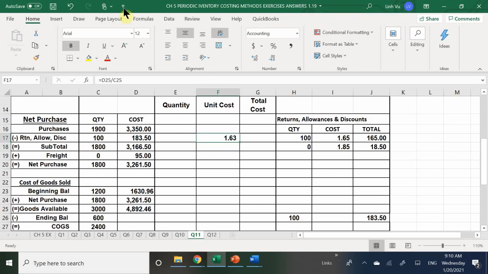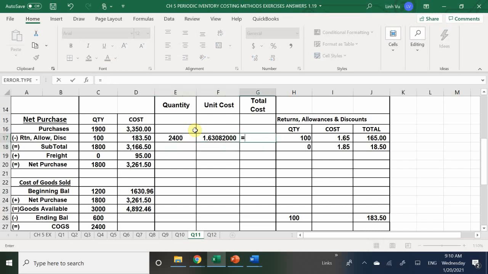1.63082. I'm going to pull it out so you guys know. 1.6308 32. Okay, and then it goes even out after that. We know we sold a total of 2,400 items. So if it's going to cost me $1.63 and 0.882 cents, what is my total cost of selling those 2,400 items? 3,913.97.